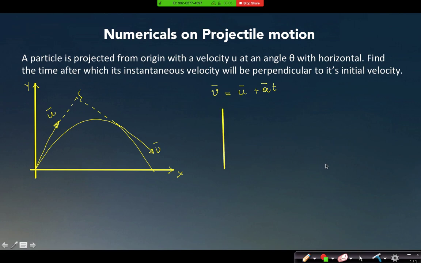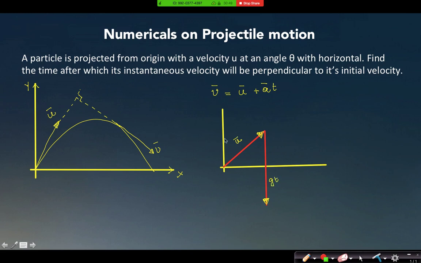So this was my xy axis. If this is my u vector, suppose in this direction, what is the direction of the at vector? Vertically downward. So you come vertically downward from here, and the resultant of these two vectors, using the triangle rule of vector addition, this is the u vector, this is the gt vector.